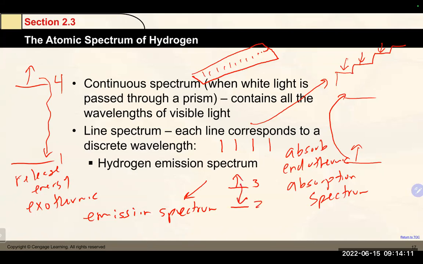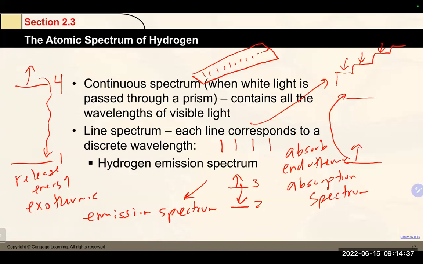Which one would have more energy associated with it? The one going from 4 to 1 or the one going from 3 to 2? Yeah, the first one, right? It's got to go from the fourth to the third to the second, then all the way down to the first. A lot more energy is associated with that transition than just going from one level to the next.